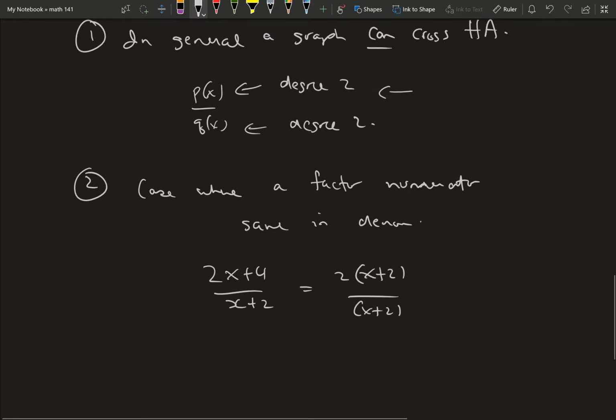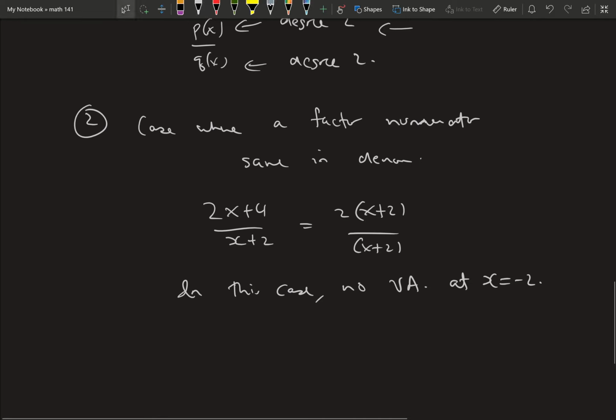And in this case, there's no vertical asymptote at x equals -2. What ends up happening is these cancel. You still can't plug in x equals -2. So you can think of this essentially as canceling, so this equals 2 now.